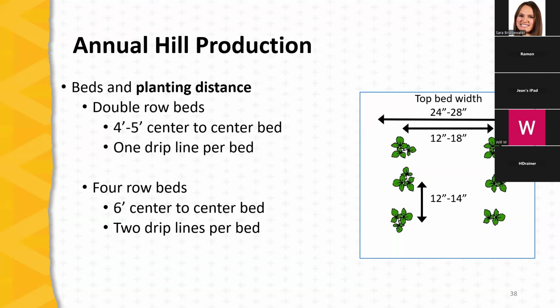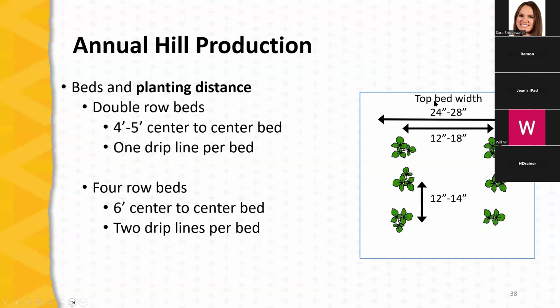It requires time. So again, we're still in the annual hill production. Those are the recommendations for planting distances. Usually, the distance between beds could be 6 feet center to center, or 4 to 5 feet center to center.